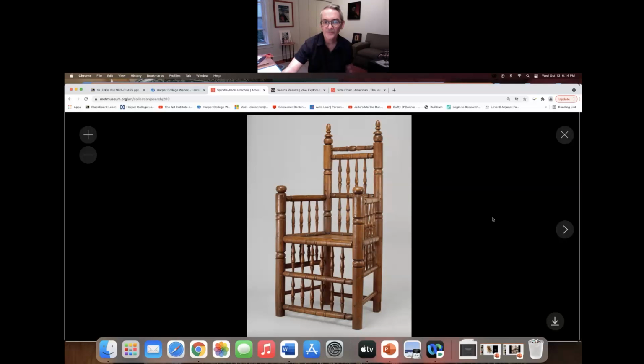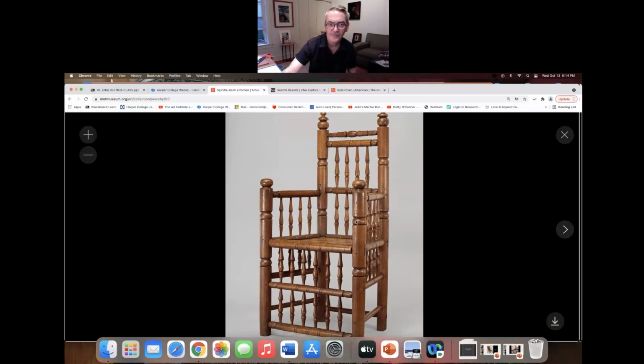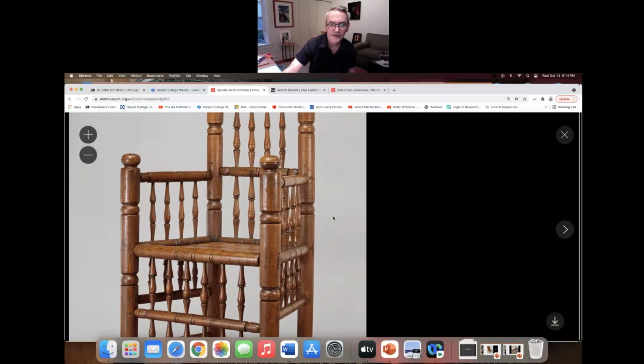There you go. You can see all these turned spindles and the frame, all of the frame, the stretchers, which is the horizontal piece between the legs.